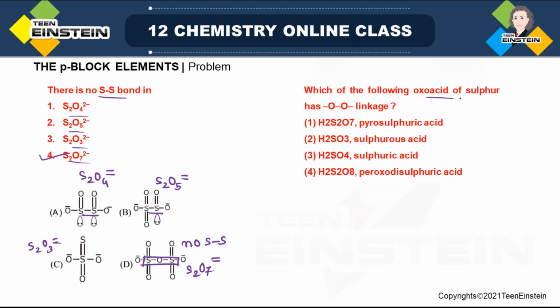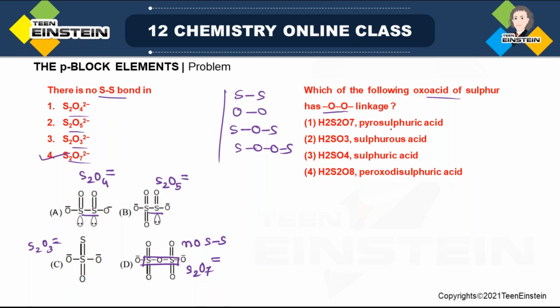Next question: in which of the following oxoacids of sulfur is an O-O linkage present? Okay, so some important information that you have to remember: in some oxoacids there is an S-S bond, in some there is an O-O bond, in some there is an S-O-S bond, and in some cases there is also S-O-O-S. Okay, so these are some of the important features.